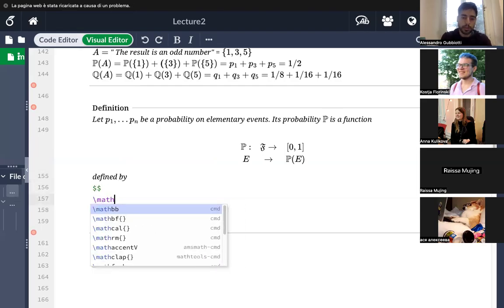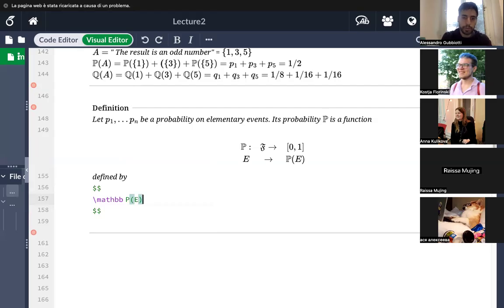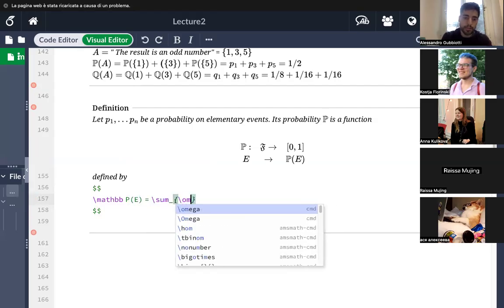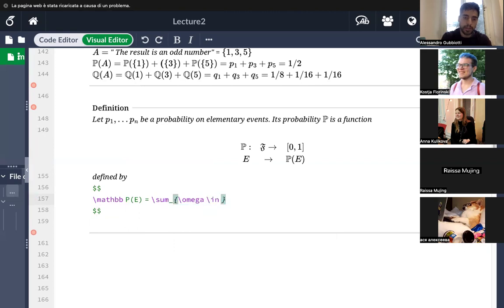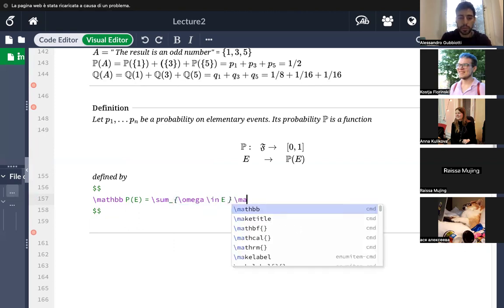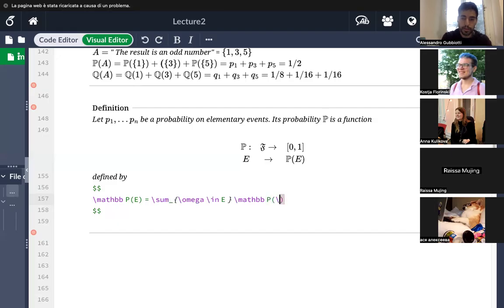The probability of E is equal to the sum over the elementary events omega that are in E of the probability of the elementary event omega.